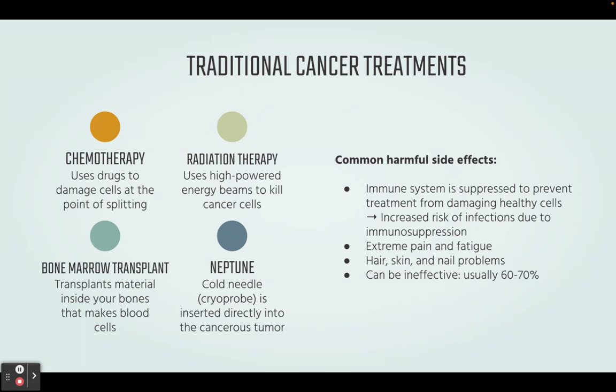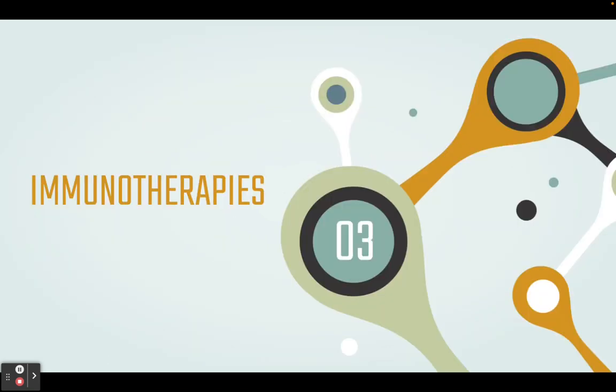So if you do happen to encounter a different virus while you're under that immunosuppression, you're a lot more susceptible. Extreme pain and fatigue. You can have hair, skin, and nail problems because you are sometimes losing those healthy cells. And it can be pretty ineffective. It's usually 60-70%, but it really ranges based on the cancer and the type of treatment you're getting.